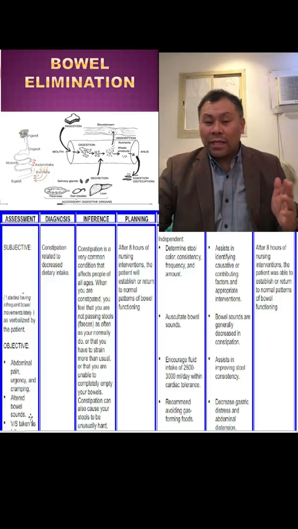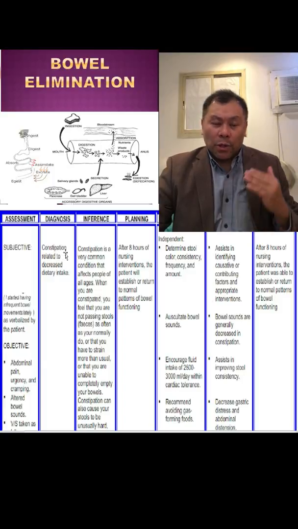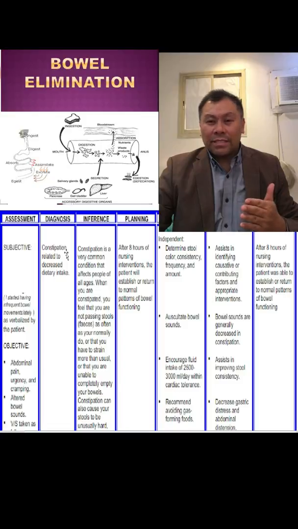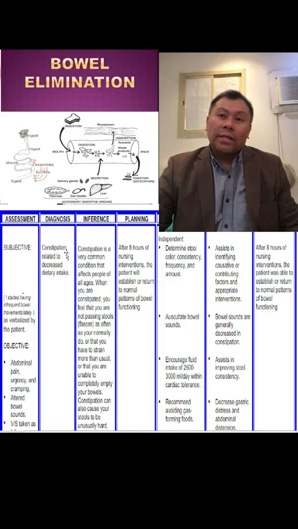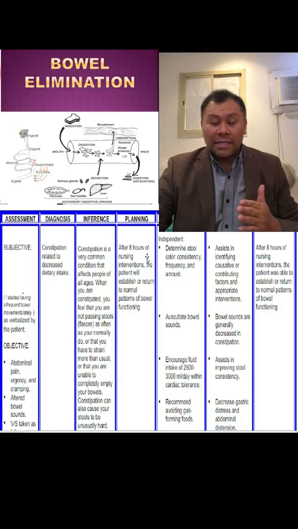Now, in diagnosis, the problem is constipation. You're going to connect it with the etiology and then with the evidence or manifestation. So here, constipation related to decreased dietary intake. As manifested by, the evidence, you are going to check with your objective data and connect that. And then, what is your plan? If you are going to make a plan, be specific, measurable, attainable, and realistic.